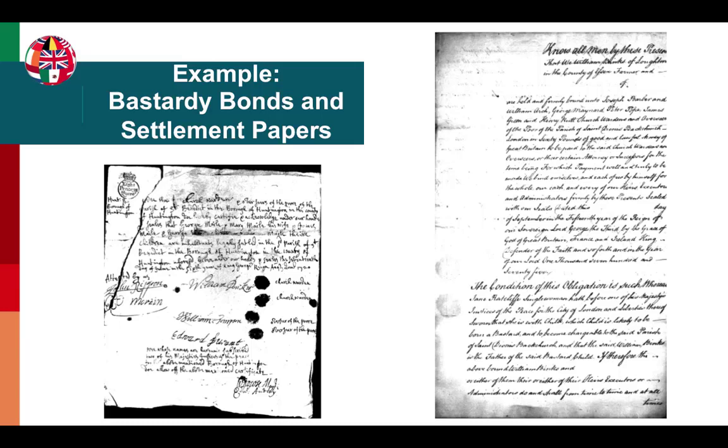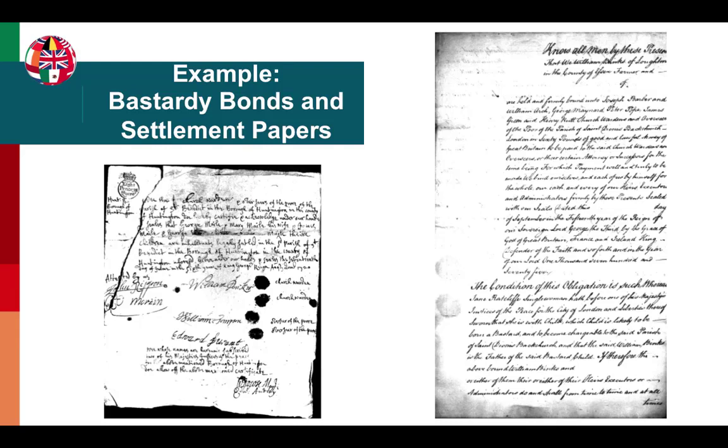Also, if a girl got pregnant, the parish didn't want to have to support her and the child. So they would make her name who the father was, and then they would put him under bond, requiring him to pay for the support of the child.